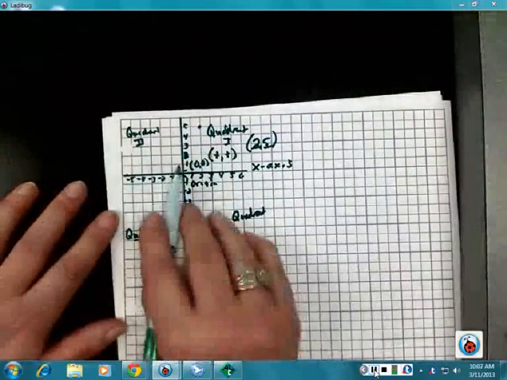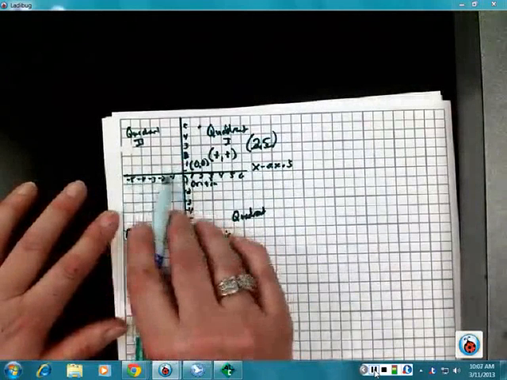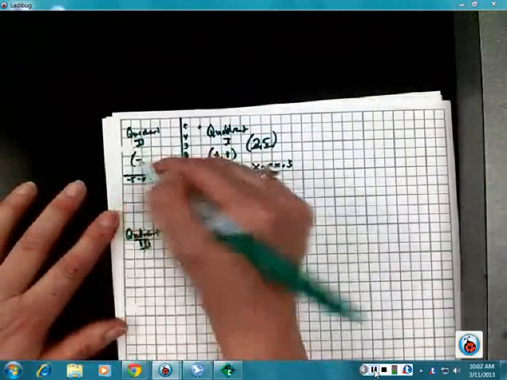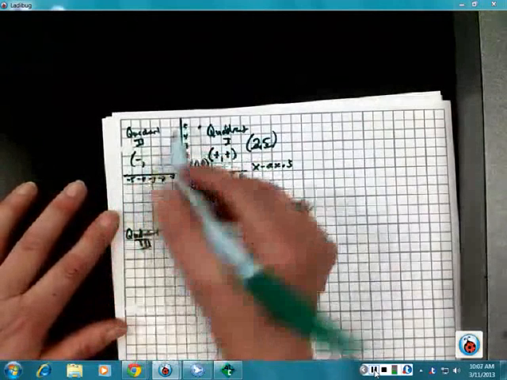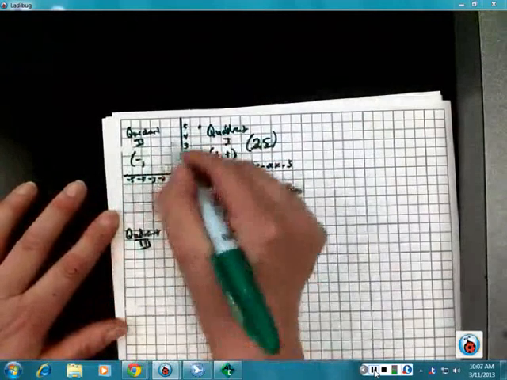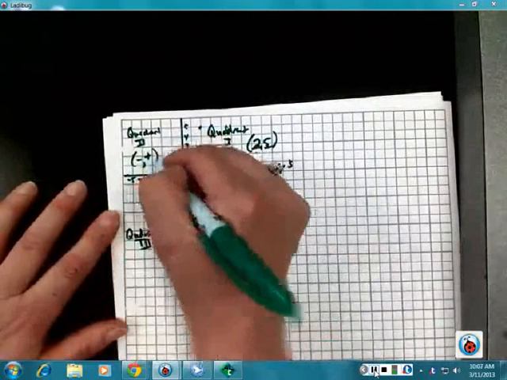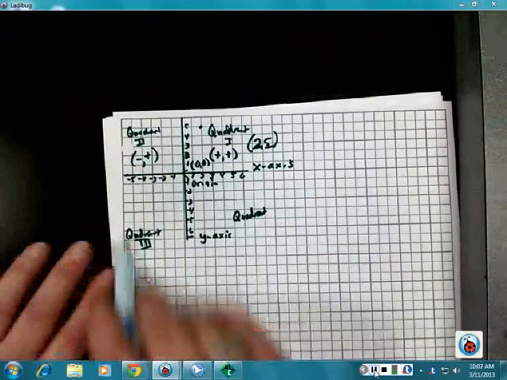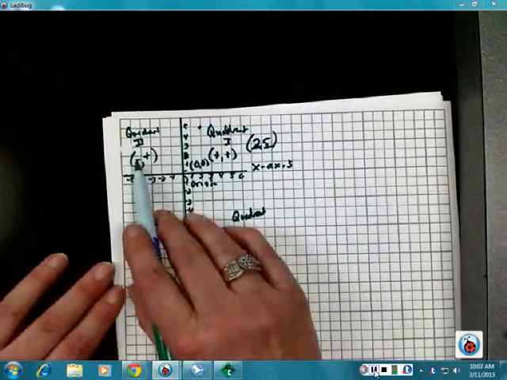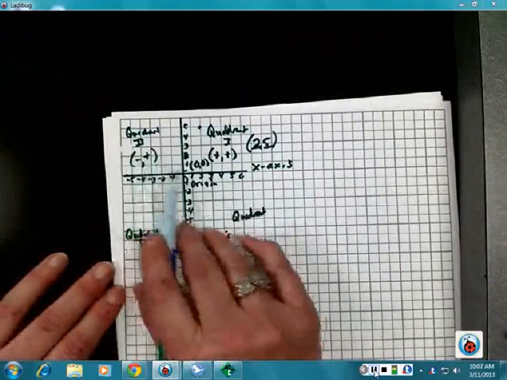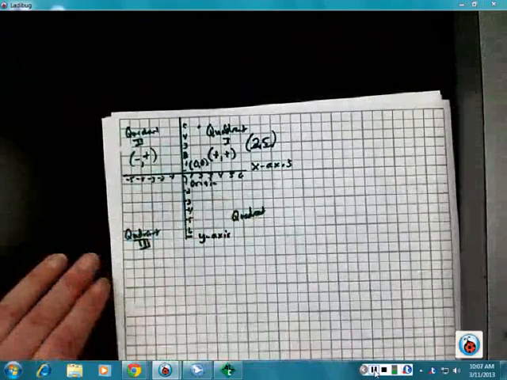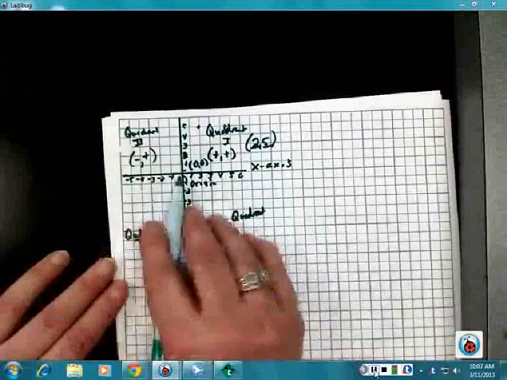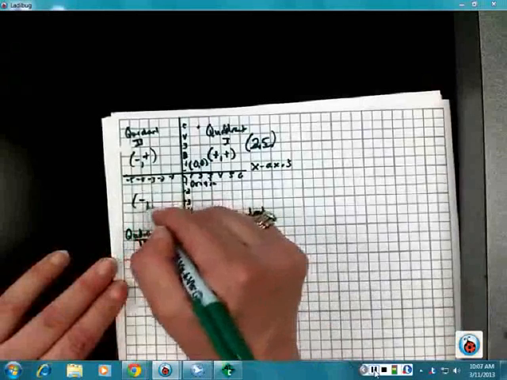So then in quadrant 2, if I go across it, what do I notice? Well, I notice all my x's, and x always comes first, and my y's, x's are negative, y's are positive, and that's all you'll ever find in that quadrant is your point value. If it starts out as a negative x value and a positive y value, it's going to always be in quadrant 2. Quadrant 3, what do we know about it? Both are negative.